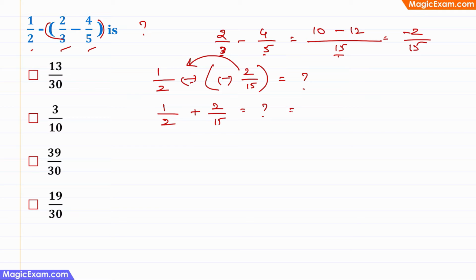Now again, if we take an LCM of 2 and 15, we'll get 30. So 2 15s are 30. So 15 1s are 15 plus 15 2s are 30. So 2 2s are 4. So 4 is equal to 19 by 30. So the correct answer is 19 by 30.